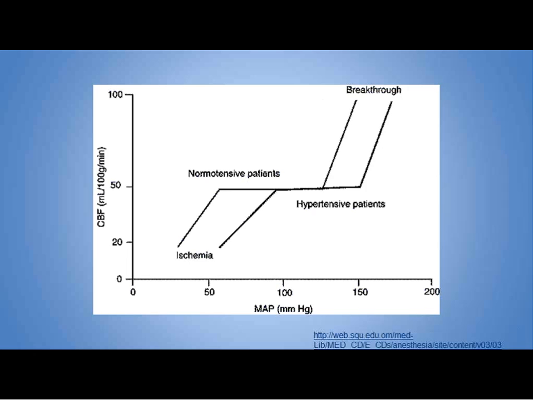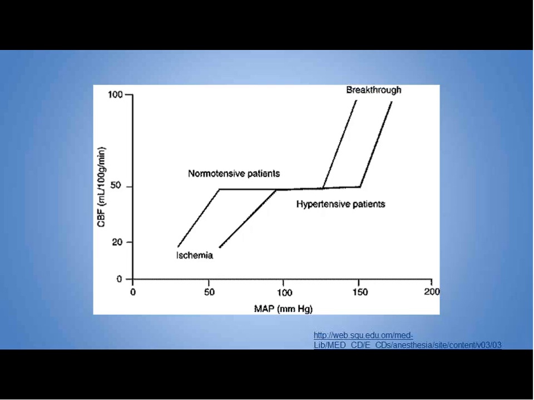Then at higher blood pressure, 150 to 200, you again start getting increased cerebral blood flow and more of a hyperemia state, where you're surpassing the volume allowed within the cranial vault itself.